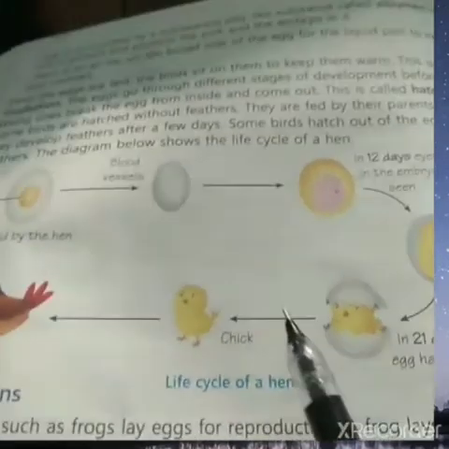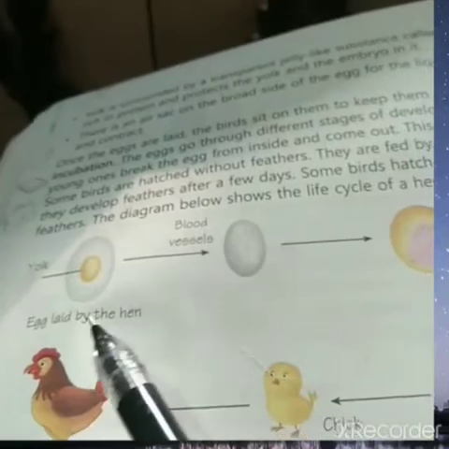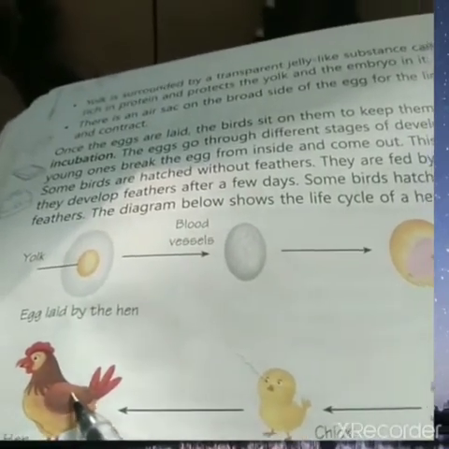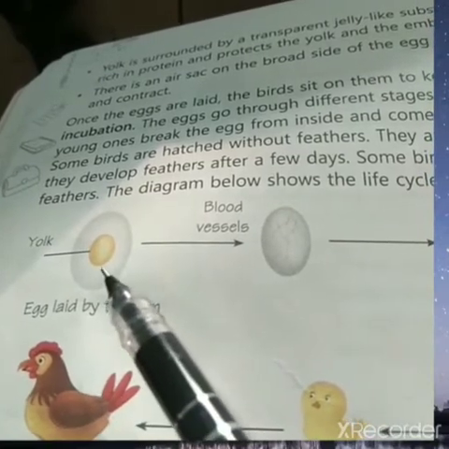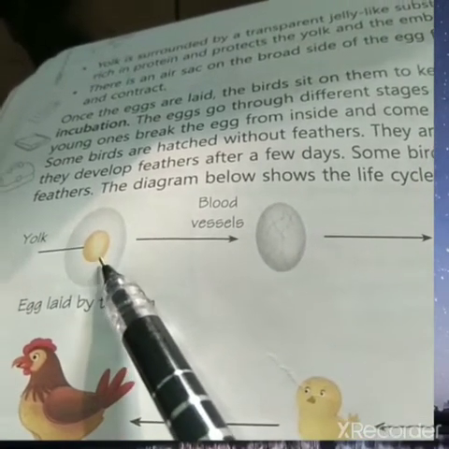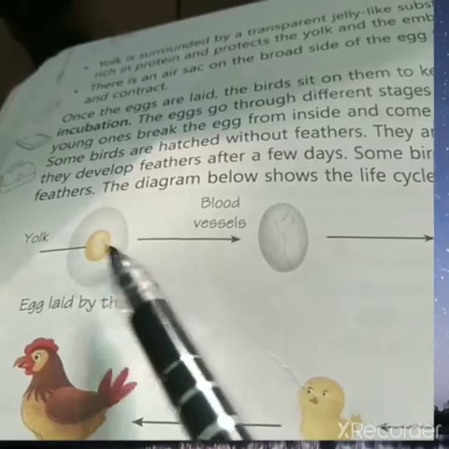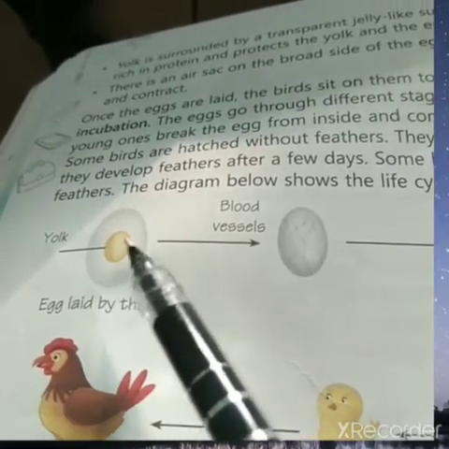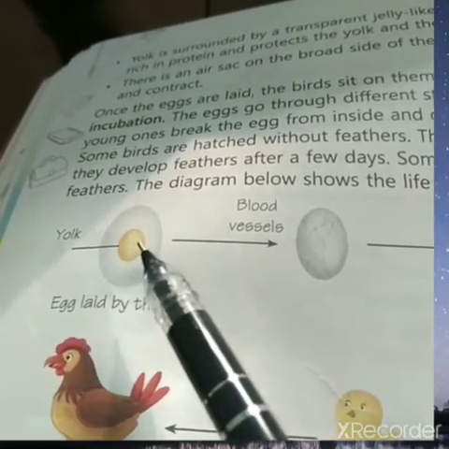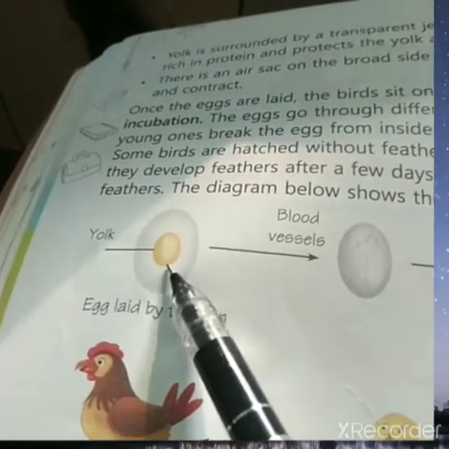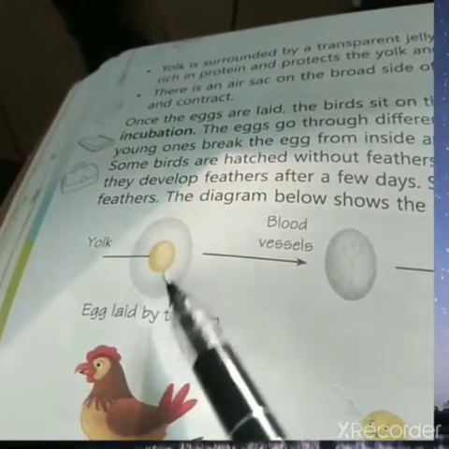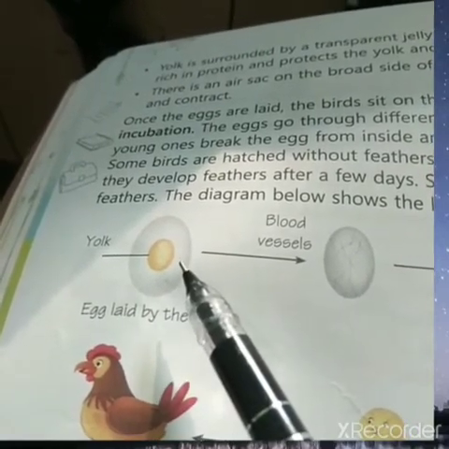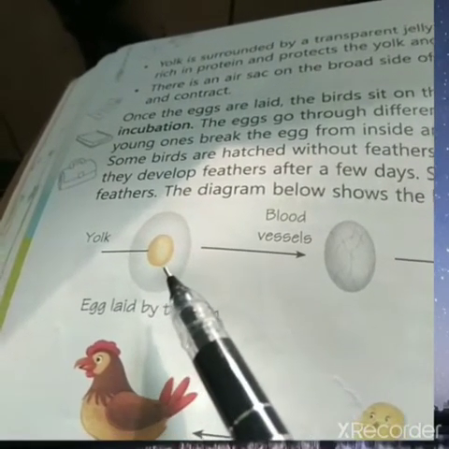You see the diagram here. This is the matured hen, and it lays the eggs. Egg laid by the hen. This is the yolk. The yolk prepares the embryo. It forms the embryo, and this watery part gives nutrients to the embryo.